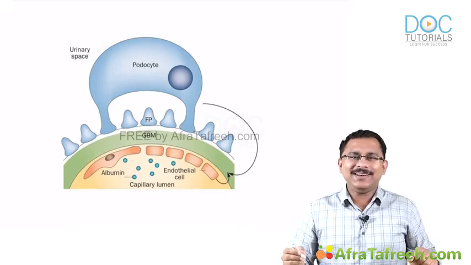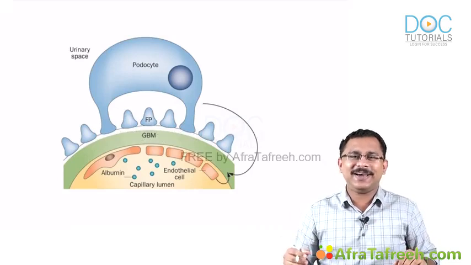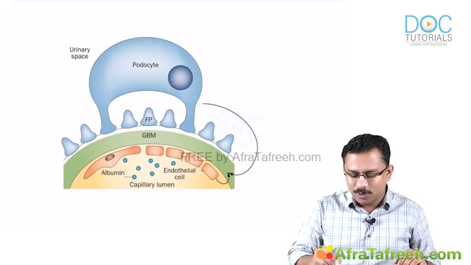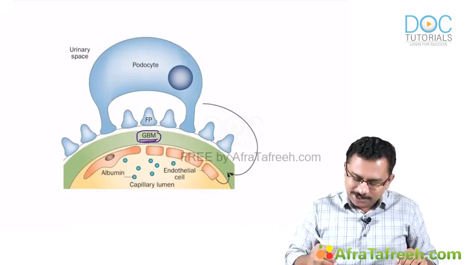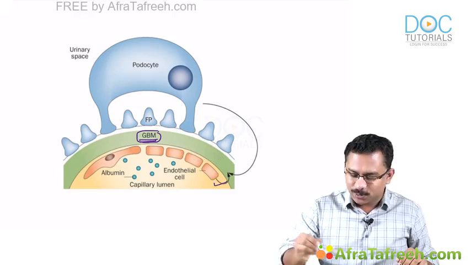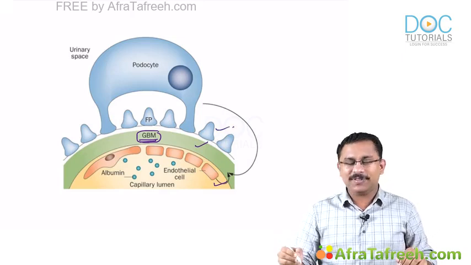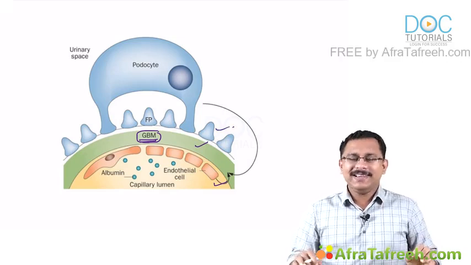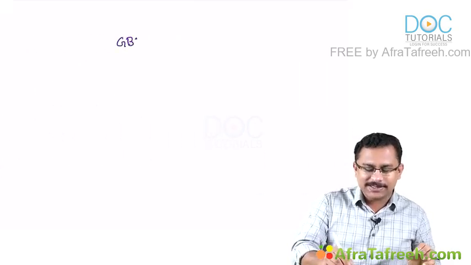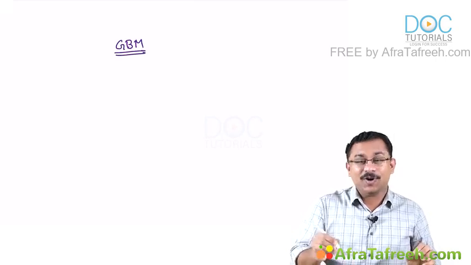Now, the second component of your filtration barrier is the glomerular basement membrane, your GBM. In this picture you can also see the capillary endothelial cells, the glomerular basement membrane, and the foot processes of the podocytes. The glomerular basement membrane is a very important structure, and it consists of certain components.